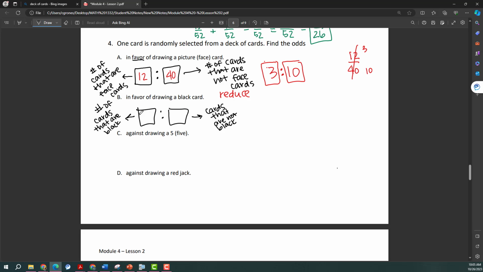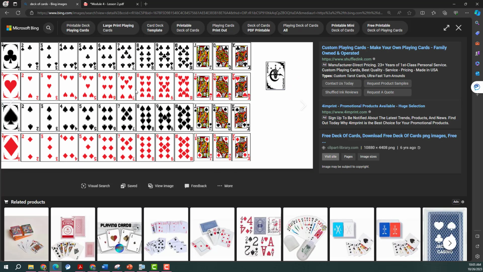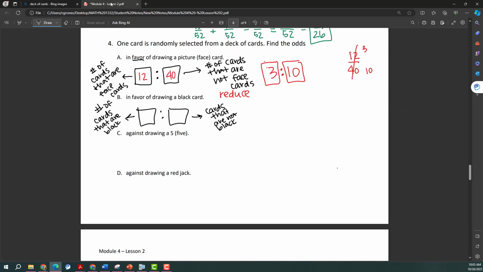So half of them are black and half of them are red. So we have 26 and 26. So if we were to set it up as a fraction, 26 over 26, that would just be 1 to 1. So our odds are 1 to 1.